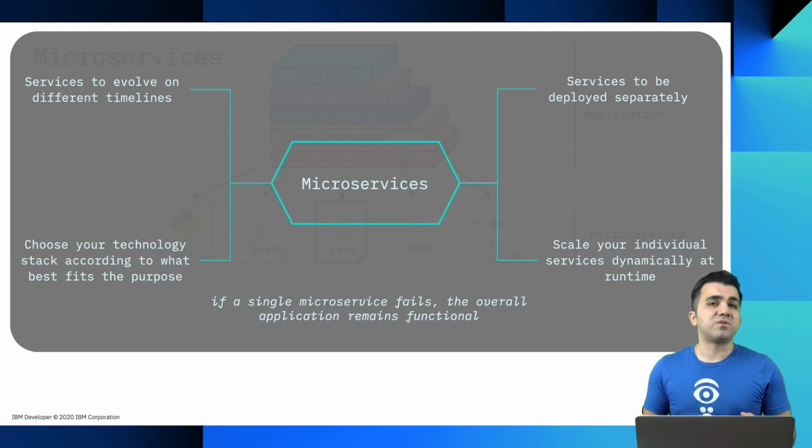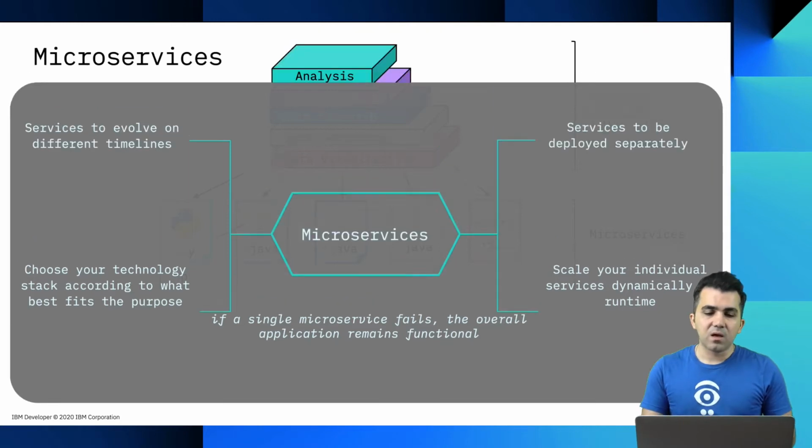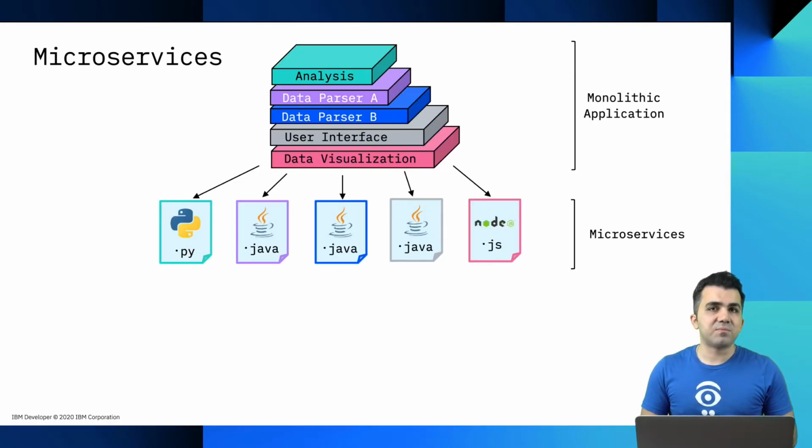And the reason for that is because they are not designed and operated as a single entity like in monolithic architecture. As you saw in the previous lab, we broke down our application into several microservices based on their functionalities and the purposes they fulfill.